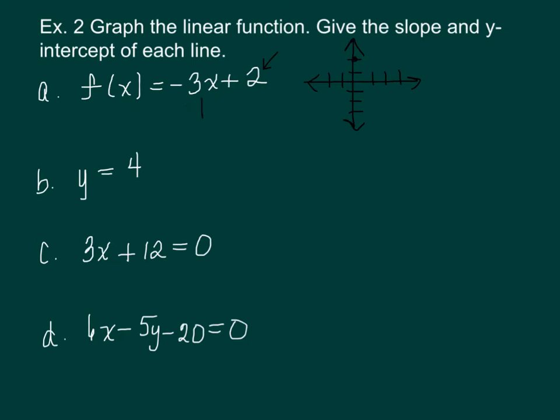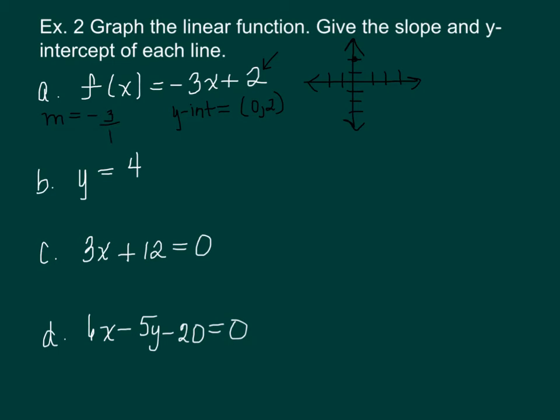So I know my b or my y-intercept is 0, 2. I'm going to write it as y-intercept. And then my slope, which is m, is -3, or -3/1.